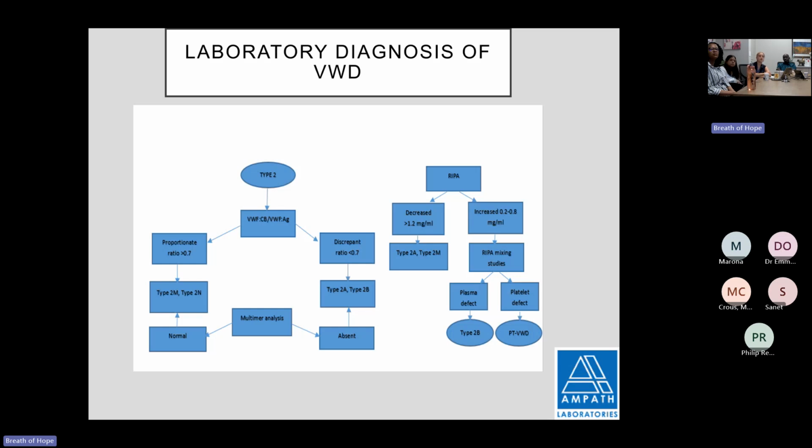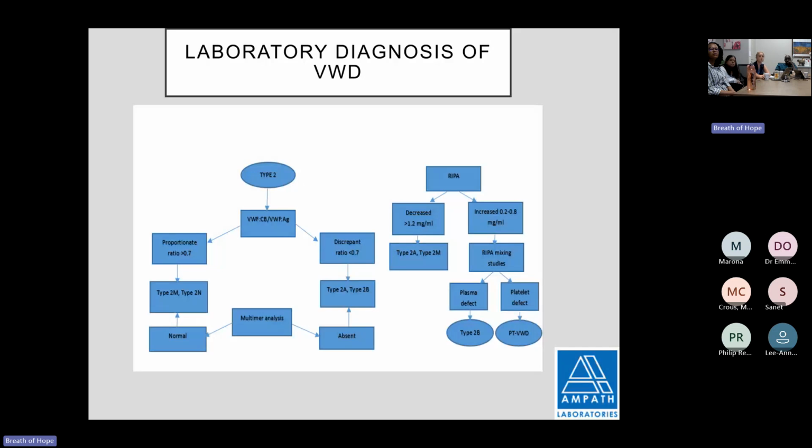And like I mentioned, there's also a very rare defect, platelet-type von Willebrand, where the platelets of the patient have an increased binding to the von Willebrand, and that we can just do with our ristocetin-induced platelet mixing studies, and it will eliminate this disease. But it's also very rare, but we can do it.